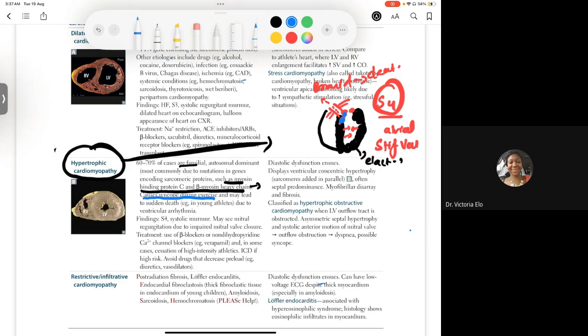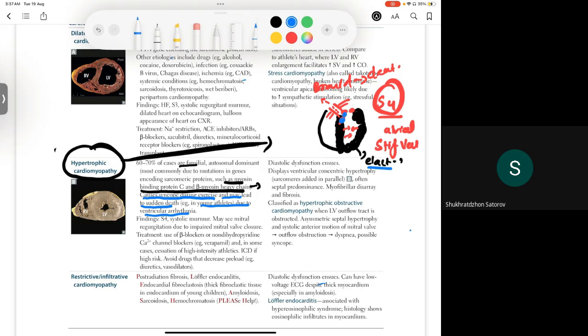Blood cannot move into the aorta, not reaching the brain. It can lead to syncope. Does that make sense? Yes. Okay, and it may lead to sudden cardiac death in young athletes due to ventricular arrhythmia. Why? Because as you have excessive hypertrophy, the electrical pathway in the heart is going to become disrupted, which is going to lead to ventricular arrhythmia.